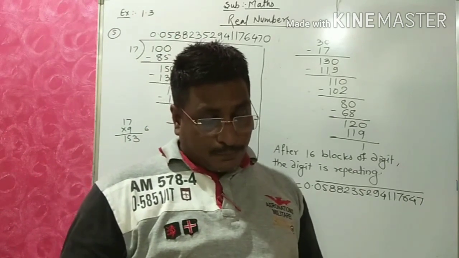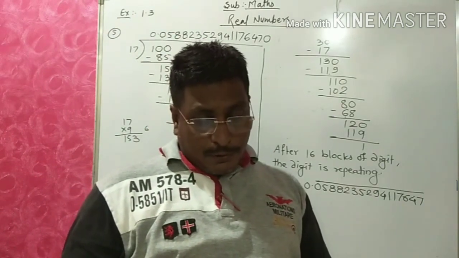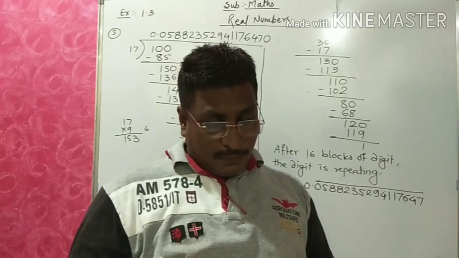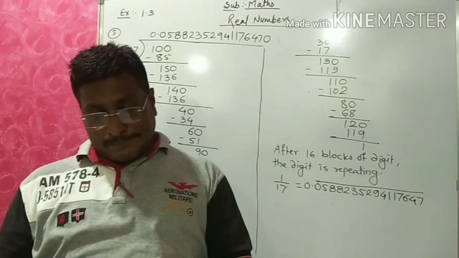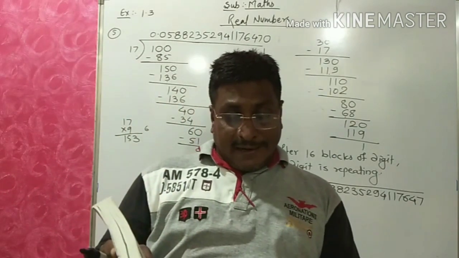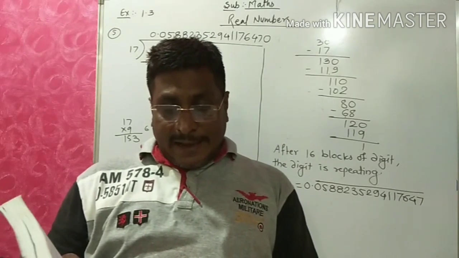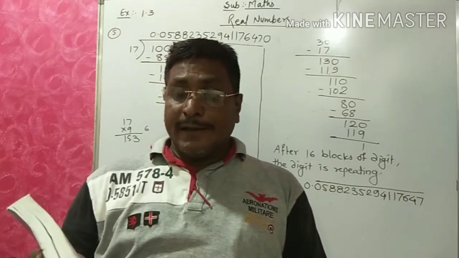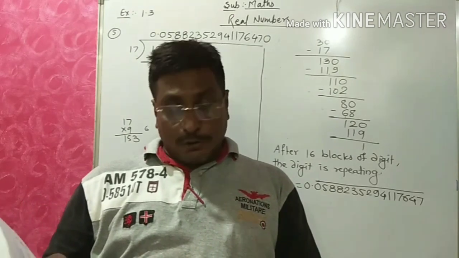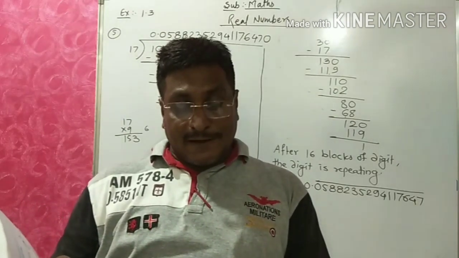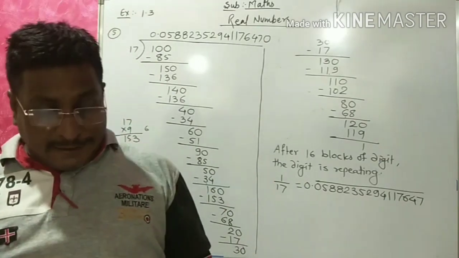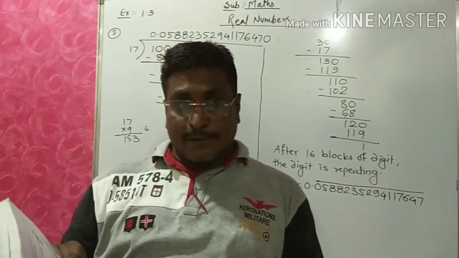Now see the ninth question. What is the ninth question? Classify the following numbers as rational or irrational numbers. So that you know how to classify: the square root of a non-perfect square number is an irrational number.